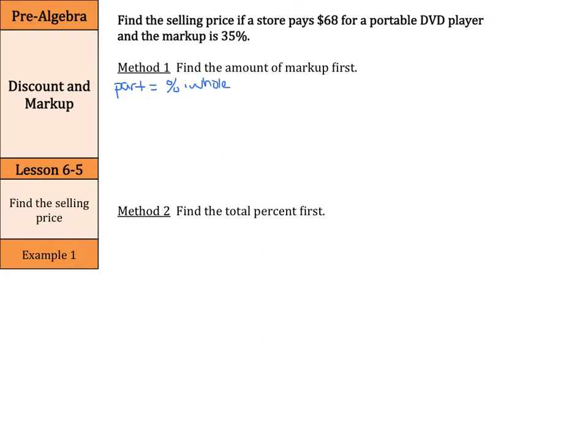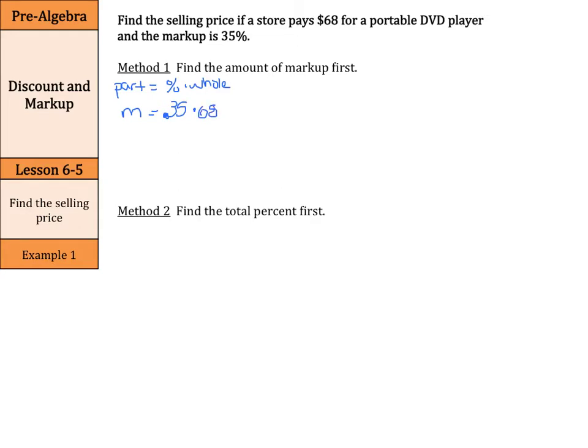Now, there are two methods here, and the first method is to find the amount of markup first. So, our markup here is going to be the part. That's the part. So we can say that's going to be M, and that's going to equal our percentage, which 35% as a decimal is 0.35 or 35 hundredths. And we're going to multiply that by 68.